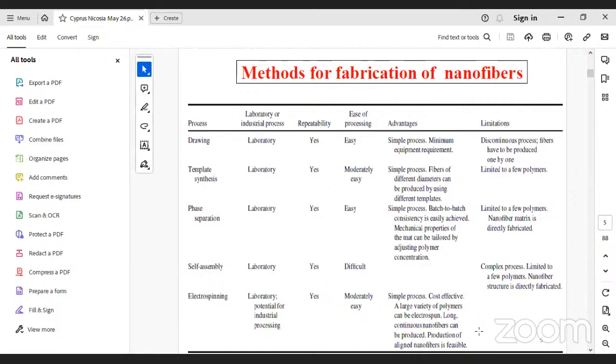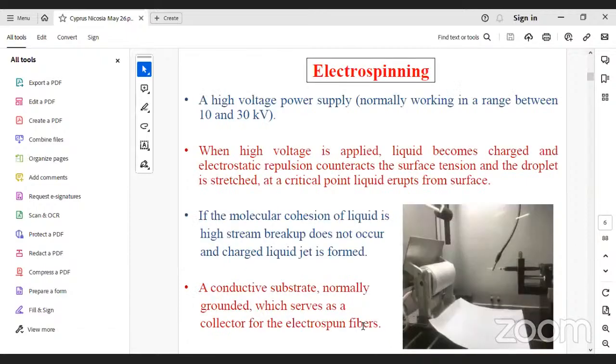When we talk about the limitation, the voltage is one of them; we need very good control over the processing conditions so that the voltage does not go outside the box of that electrospinning setup. This is the electrospinning unit. Here we have shown the electrospinning unit.